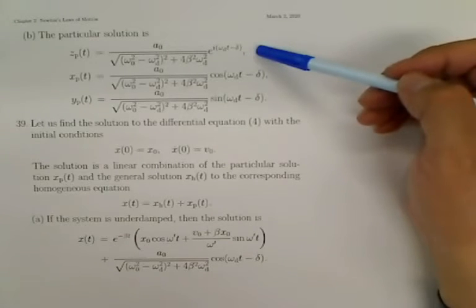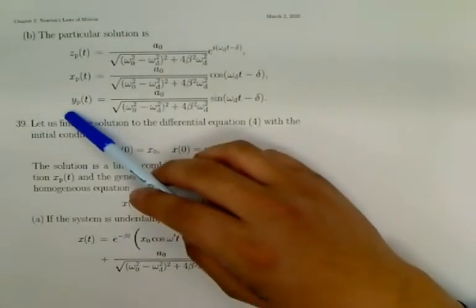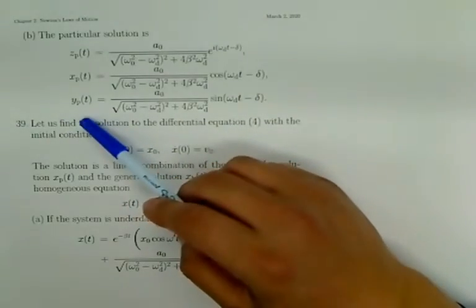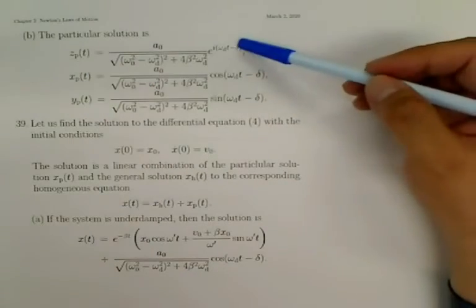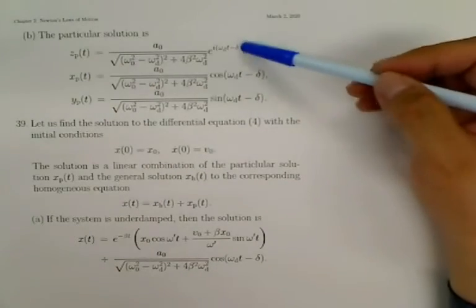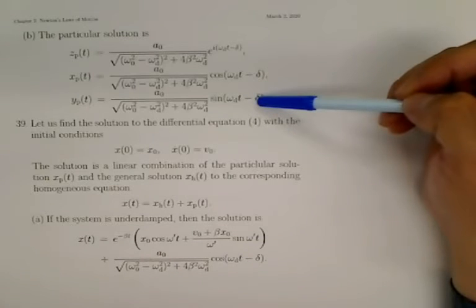If the driving force is a sine omega t, then the final result is obtained from the imaginary part of the z function. Both cases have the same phase shift delta, which is arctangent of 2 beta omega over omega 0 squared minus omega d squared.